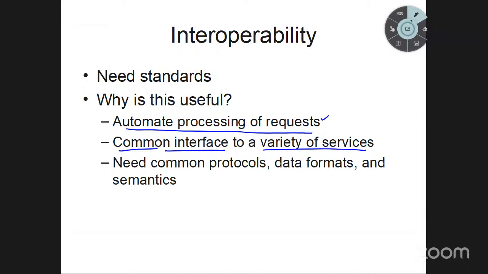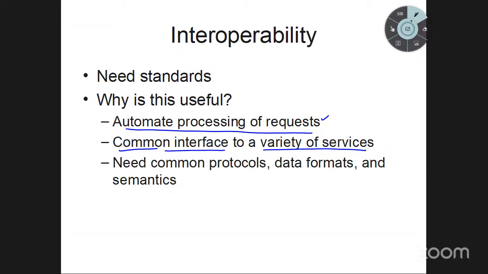In the morning, I told you that we have a machine with Solaris, a machine with Linux, different operating systems. This is a 32-bit machine, this is a 64-bit machine.